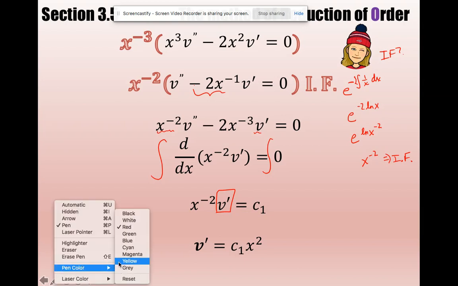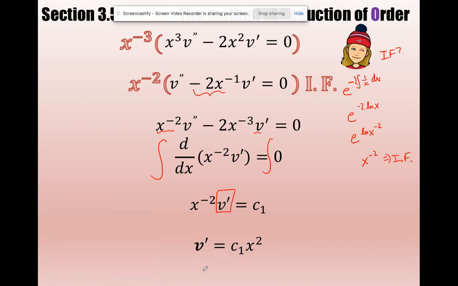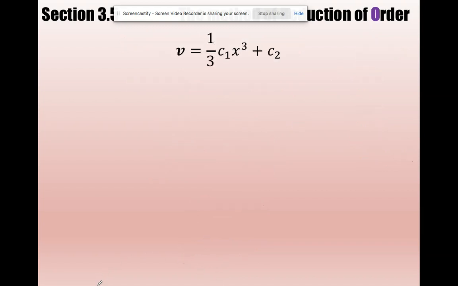I was after v prime, but now what do I want? Remember my overall goal was to get what? v. So I'm going to integrate v prime to get v. So v is equal to c1 x cubed over 3 plus c2, a different constant. There's my v.